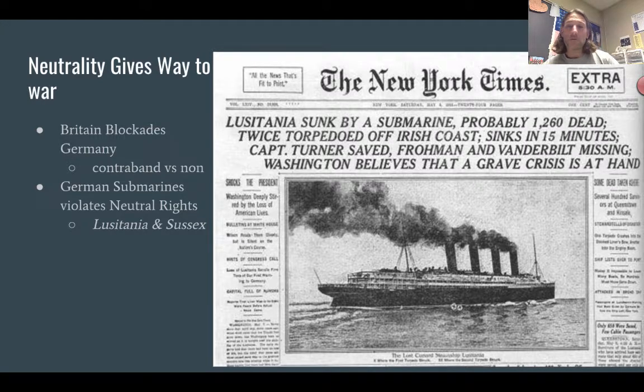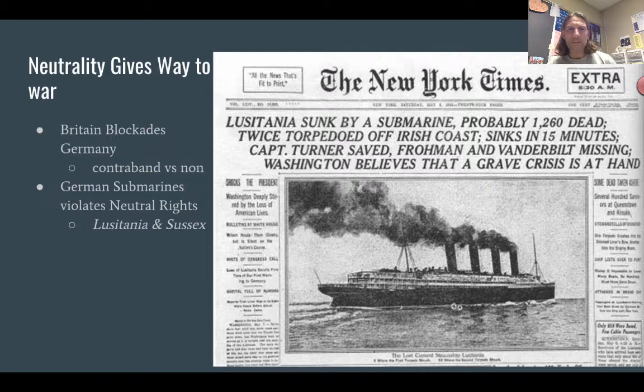You can keep countries from getting access to those things, but you can't keep countries from getting access to medical supplies or food or things like that. Those are non-contraband items. Those things need to be able to flow across borders and across the oceans. In response, German submarines are going to begin to attack ships to make sure that trade is able to get into Germany.